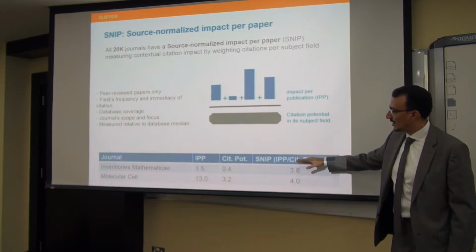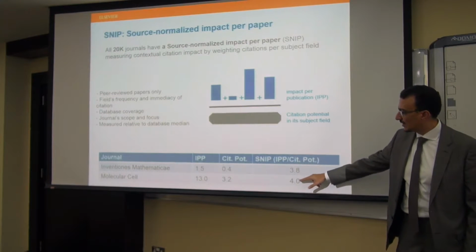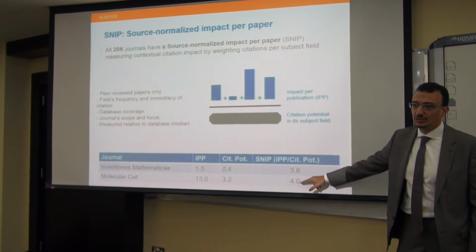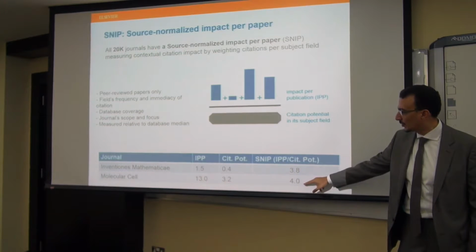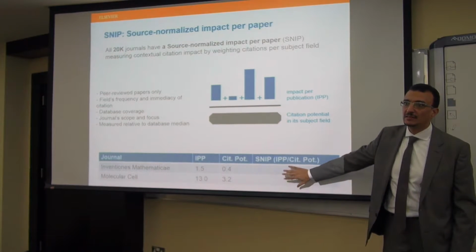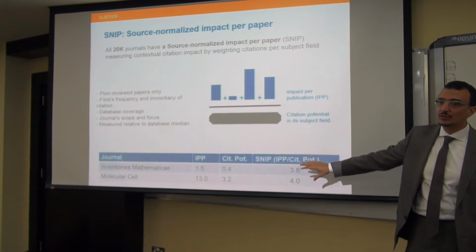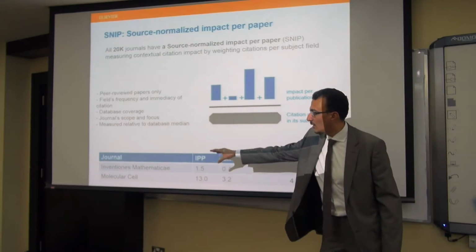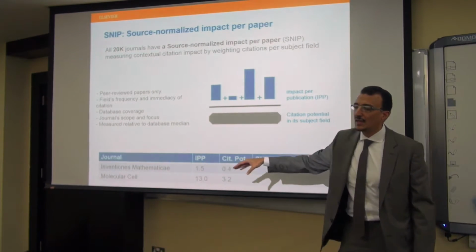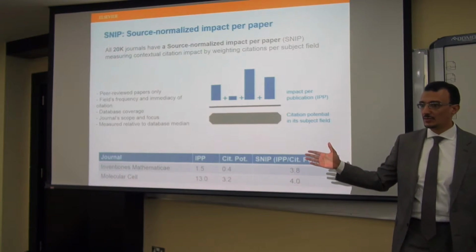If we are using SNIP, then we can see that they are very near to each other. This is 3.8, this is 4.0, and the reason behind that is that SNIP is normalized. With SNIP, you will be able to compare the quality of two journals from two different fields.